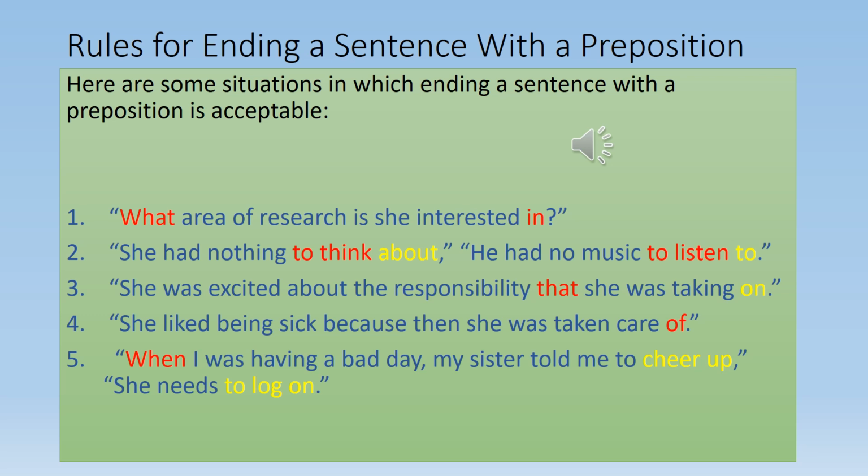Number 2, we have 2 examples here. Look very carefully. She had nothing to think about. We are finishing our sentence with the preposition about. And the second one, he had no music to listen to. We are finishing the sentence with to. You may ask that we have another preposition here, to think, to listen.